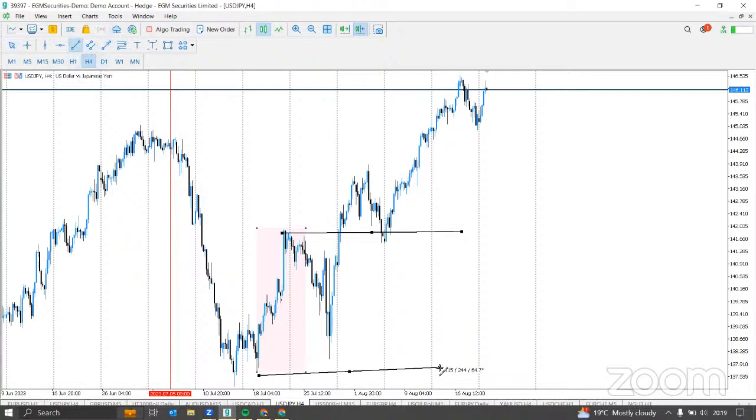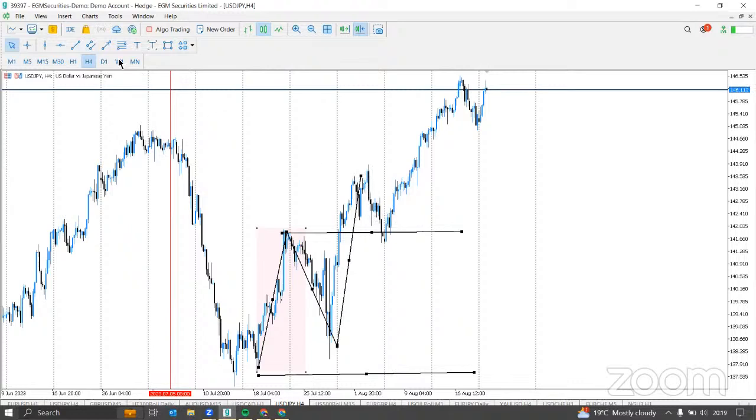So you will define your swing high and swing low as this entire move here, and then this entire move down here, and then a break out of this. Now this becomes your new reference impulse move.